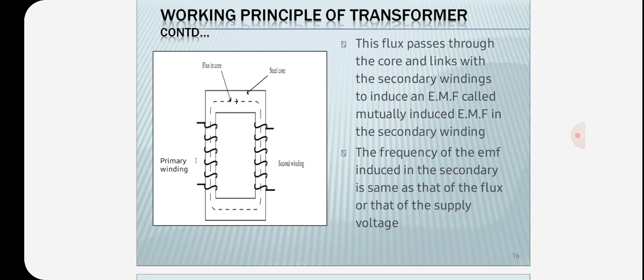It can raise or lower the voltage with a corresponding decrease or increase in current, keeping the power the same. It works on the principle of electromagnetic induction between two coils or windings. According to this principle, an EMF is induced in a coil if it links a changing flux.